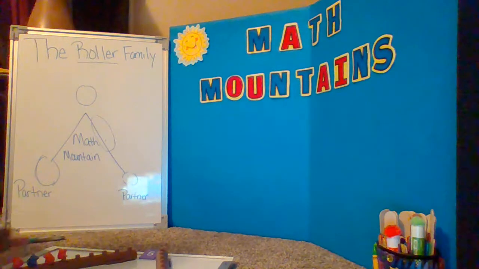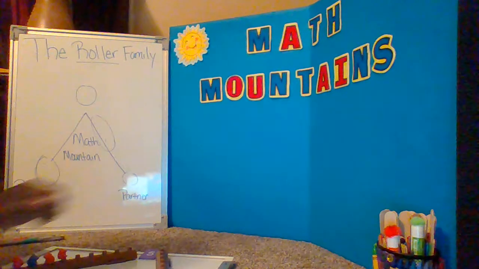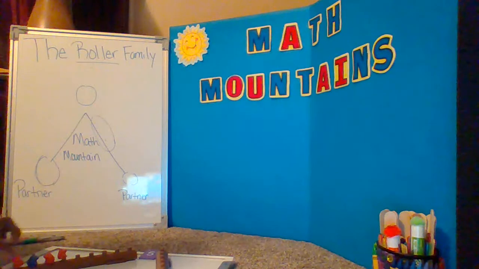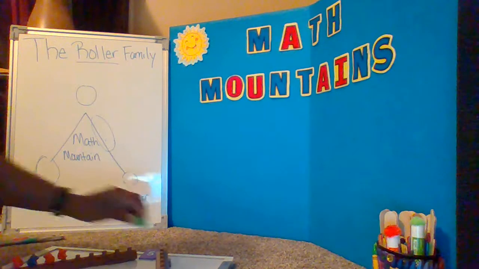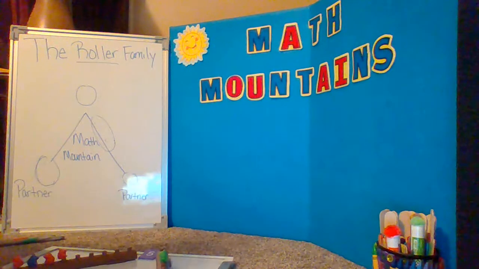So we have 1, 2, 3, 4 on the left side, and we're trying to reach the number 5. So we have to continue counting from the 4 that we had on the left. 1, 2, 3, 4, and 5. So we know that only 1 roller family came down the right side of the mountain.